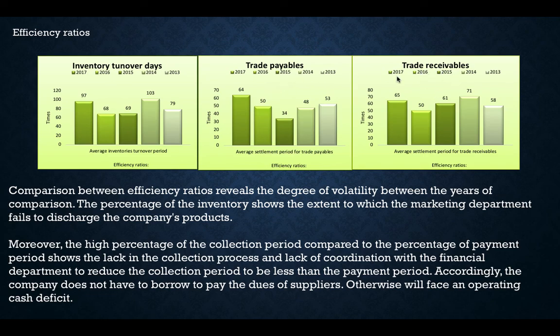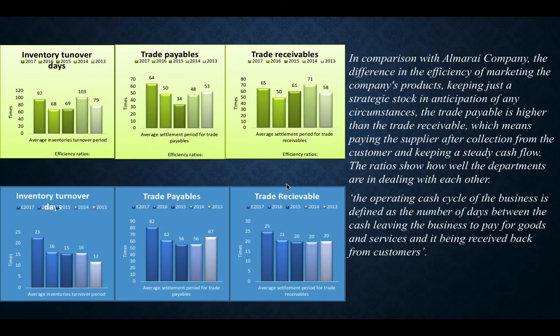They should work hard to minimize this and to increase this. If we compare also with the Marai company, we're going to realize the difference. You can see here they collect their money only after 20 days. Here they pay after 67 days. This means Marai is investing the supplier's money.